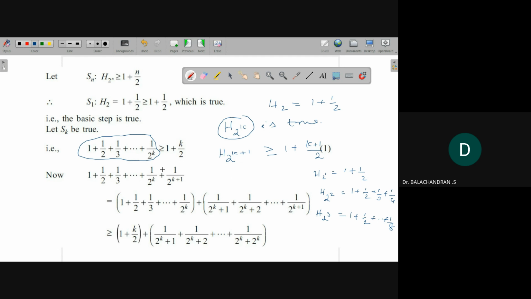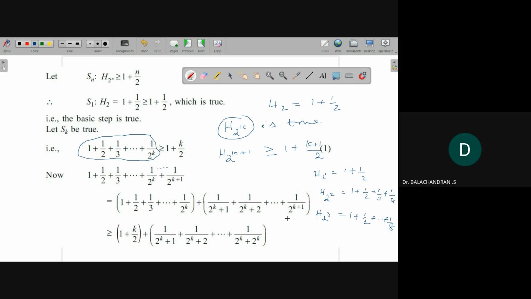You can put dot dot dot: 1 plus 1 by 2 plus 1 by 3 plus dot dot dot plus 1 by 2 power k, and then plus dot dot dot plus 1 by 2 power k plus 1. Why am I putting dot dot dot? Because 2 power 2 ends with 4, and 2 power 3 will not end with 1 by 5, it will end with 1 by 8.